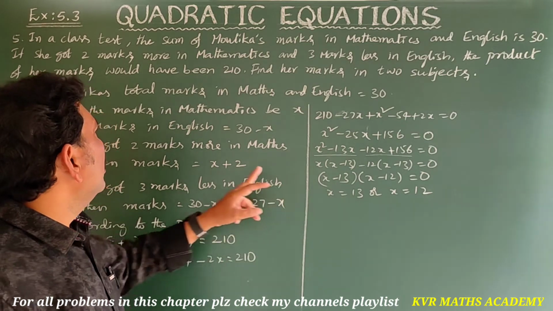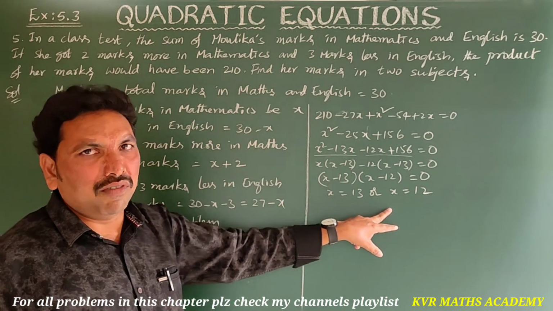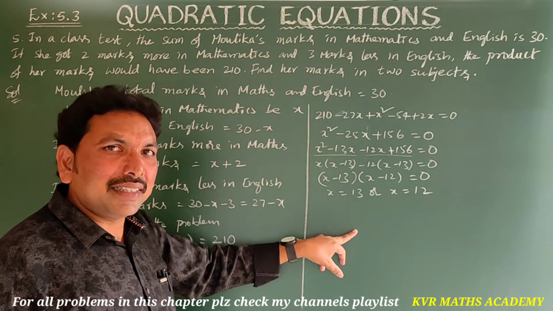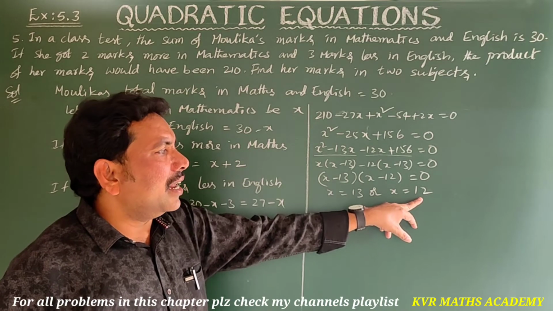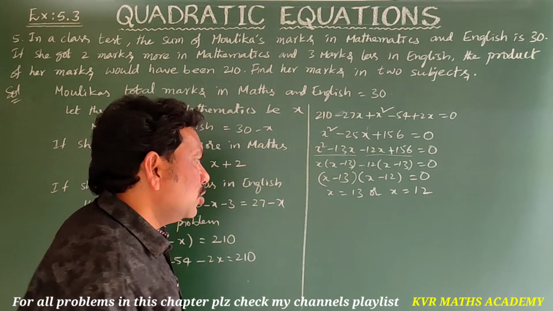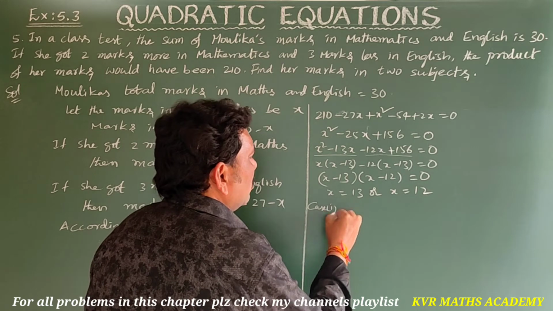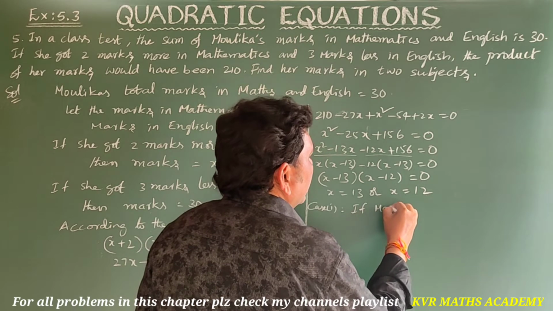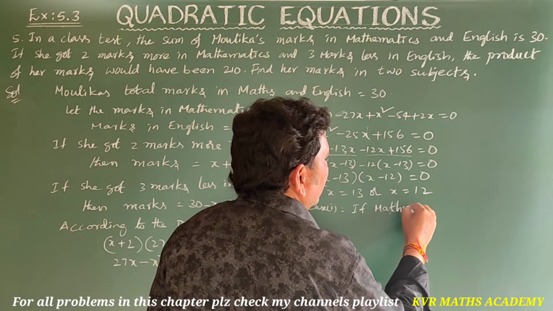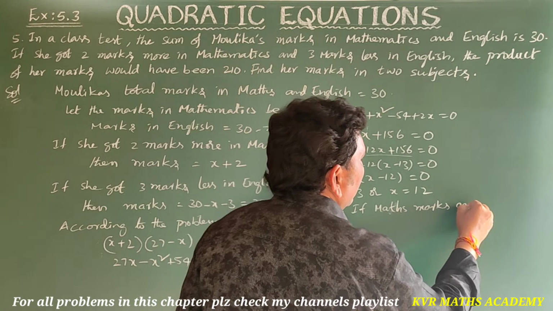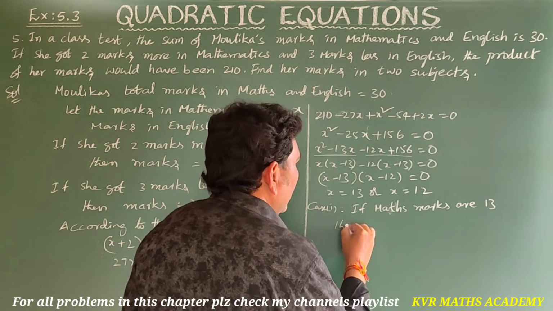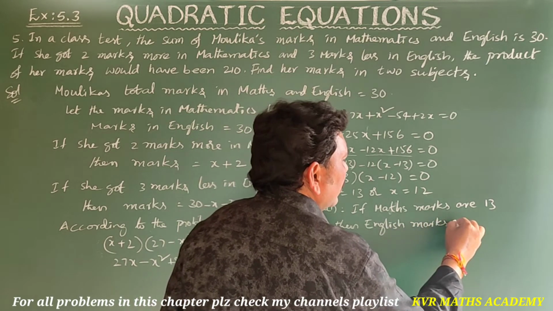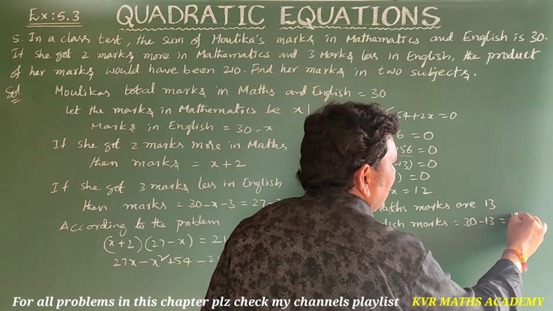Therefore the marks in mathematics will be 13 or 12. If you take 13, the marks in English will be 30 minus 13, 17. If you take 12, then English marks will be 18. So write down in case 1, if maths marks are 13, then English marks is equal to 30 minus 13, that is 17.